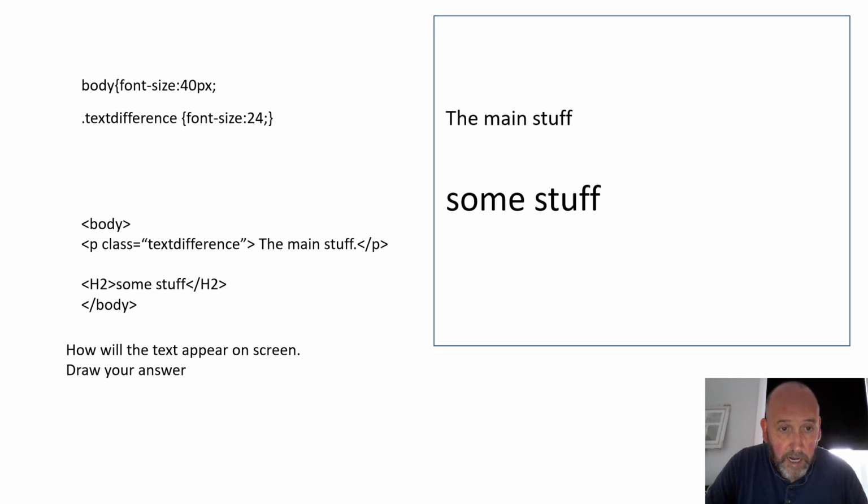So P class equals text different, the main stuff, so that's going to be 24. Now our H2 that's in the body will be affected by the body rule, which is font size 40. So that's going to be bigger. That'll be font size 40. This will be font size 24.